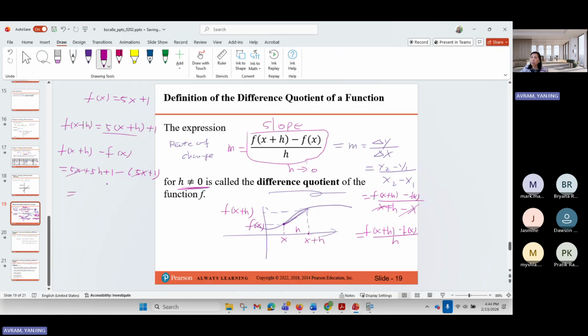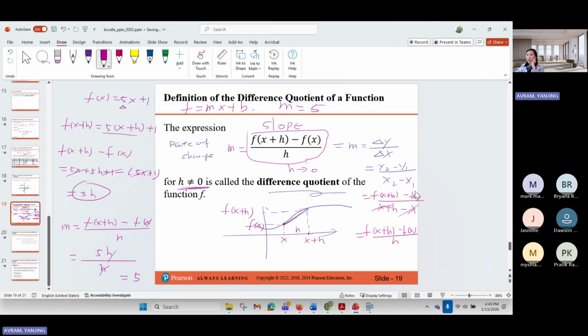And then you can see this 5x cancels out, this 1 and 1 cancel out. So this will be just 5h. So my slope here will be f of x plus h minus f of x over h. We just calculate this whole thing equal to 5h over h, and then h cancels out, so this is equal to 5, right? We just proved the slope for this linear equation is 5. So yes, we can write this one as mx plus b. My m here is equal to 5. Using this one proves the slope.